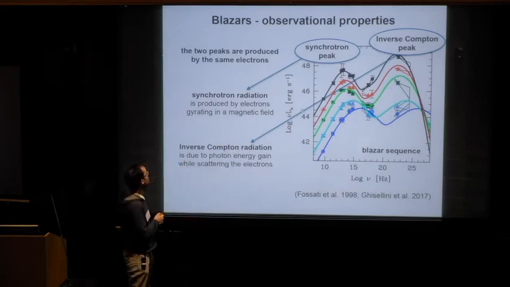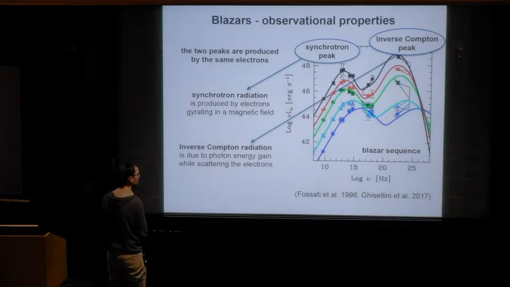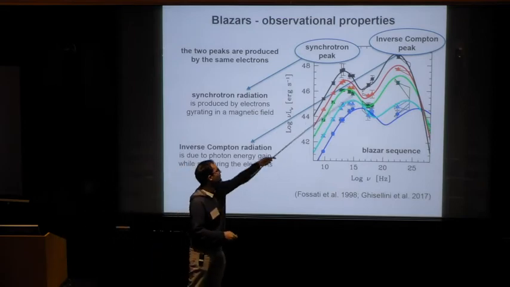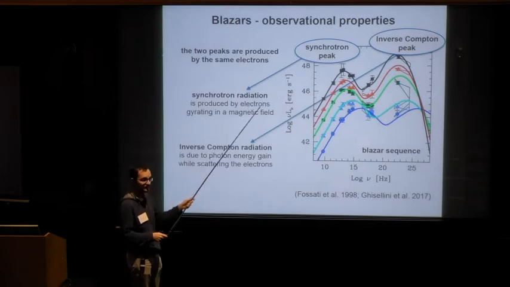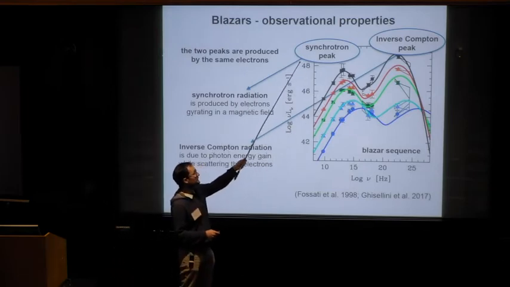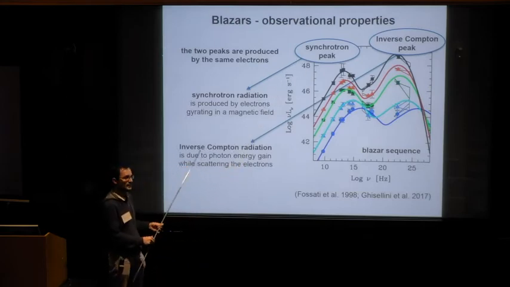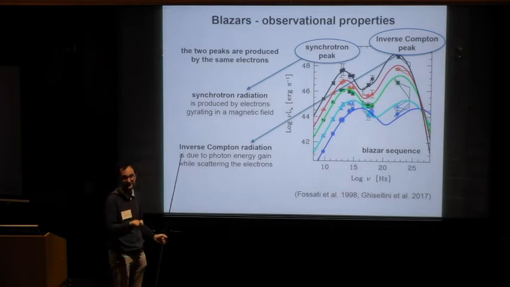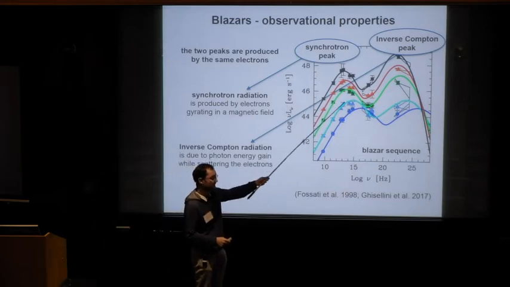What we think is that these two peaks, 1 and 2, are produced by the same population of electrons by two different emission mechanisms. The first peak is thought to be synchrotron radiation. Synchrotron radiation is produced when an electron is gyrating in a magnetic field and radiating its energy, and this is what we think we are seeing here.